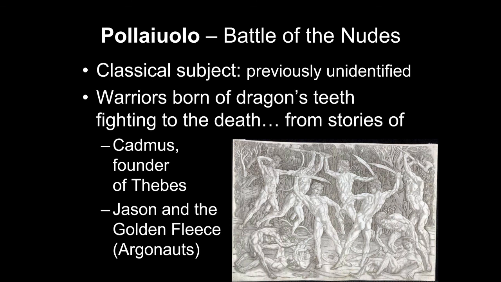And from these dragon's teeth, armored men rise up and start to try to kill him. Well, Jason's no dummy. He takes a stone and throws it among the men, and they fall on each other and kill each other. And of course, that's just what's going on here.